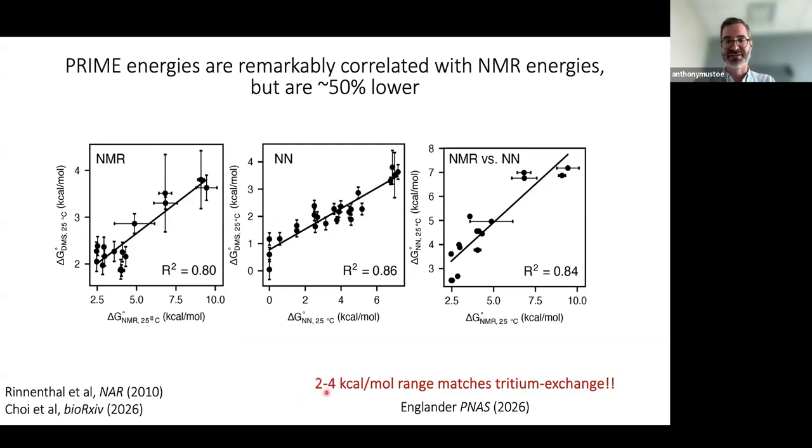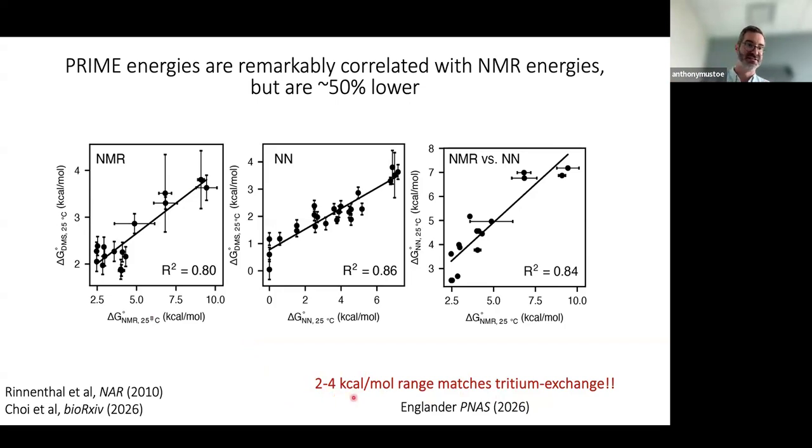And as sort of inconsistent with that, we are consistent with a different experimental methodology, the tritium exchange. Some of the first measurements of base pairing opening that were ever made suggested that the energy of base pair opening is 2 to 4 kcals per mole.